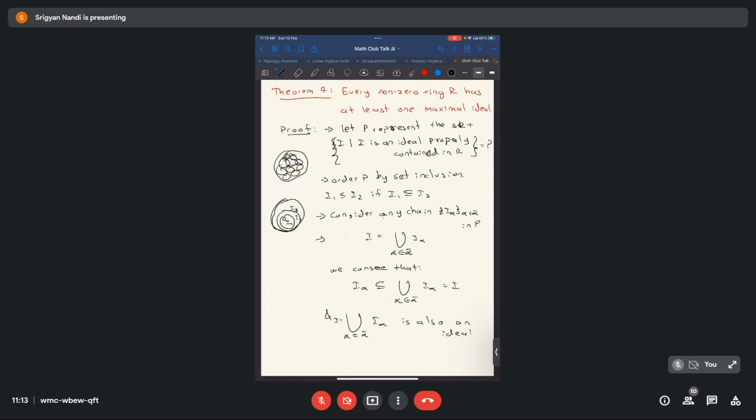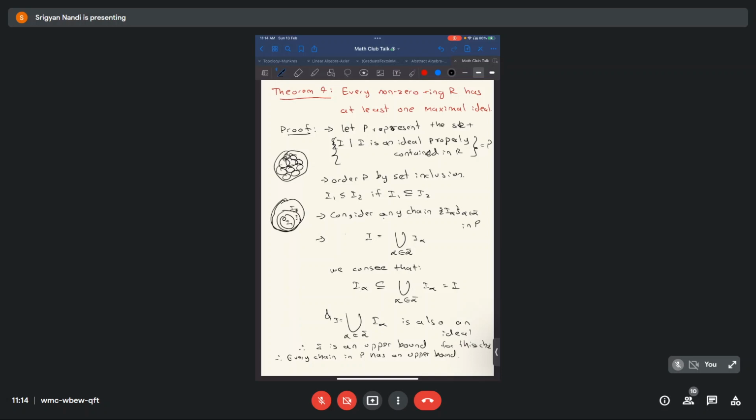So I, equal to this union, is also an ideal. Therefore, I is an upper bound for this chain. So every chain in P has an upper bound.